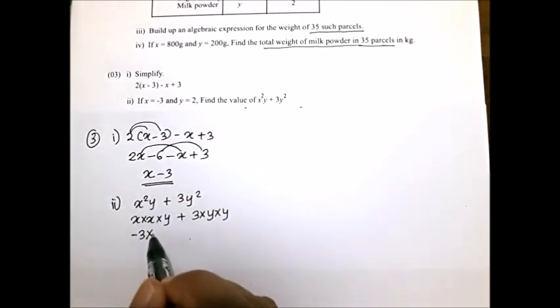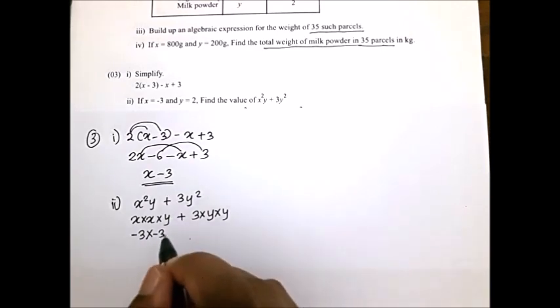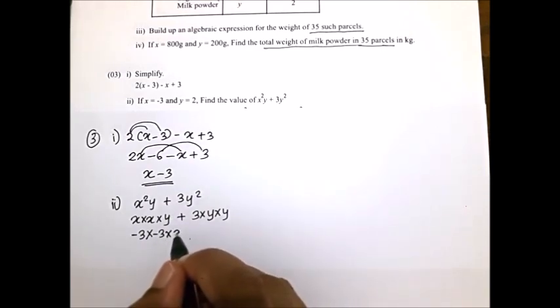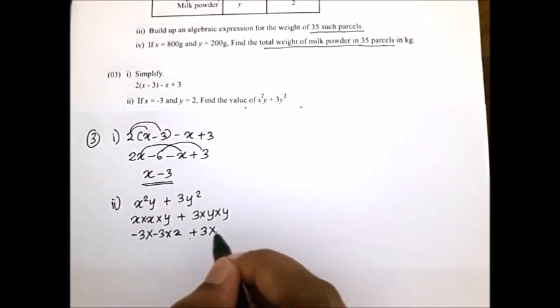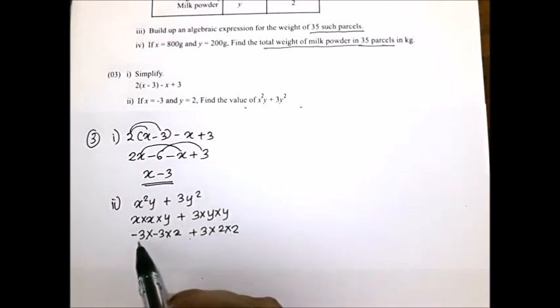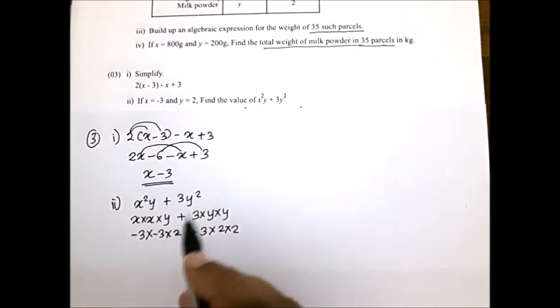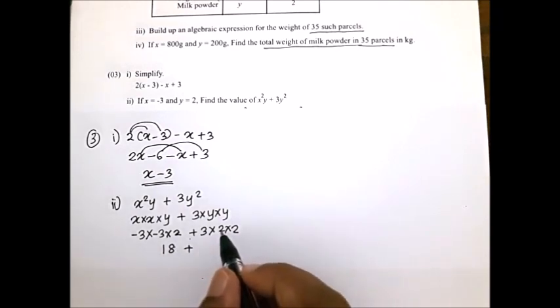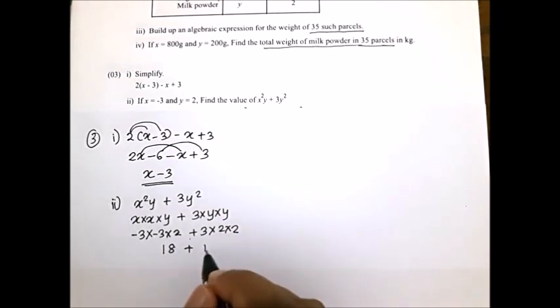Minus 3 multiplied by minus 3 multiplied by 2. 3 multiplied by 2 multiplied by 2. Minus 3 multiplied by minus 3 is plus 9, multiplied by 2, 18. 3 multiplied by 2, 6 multiplied by 2, 12. 18 plus 12, answer is 30.